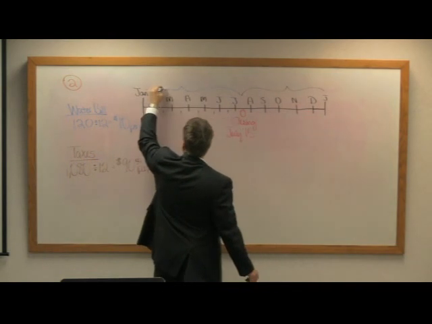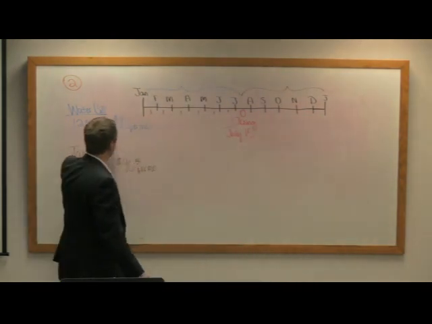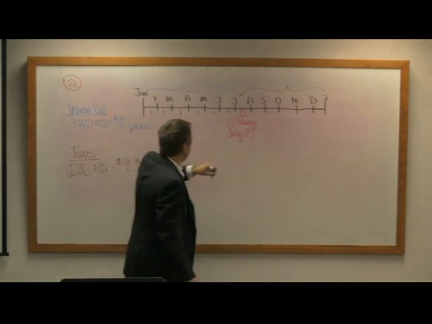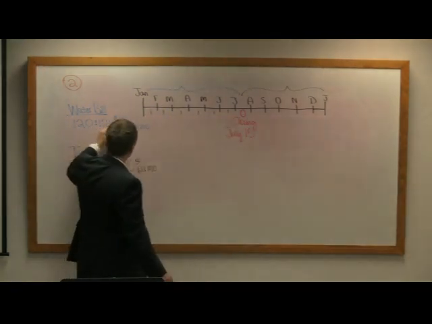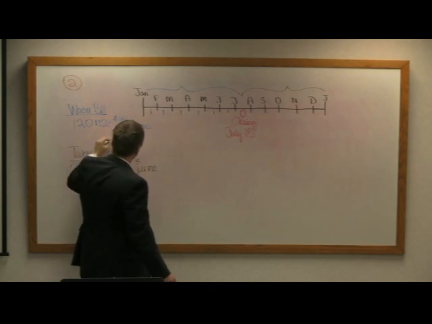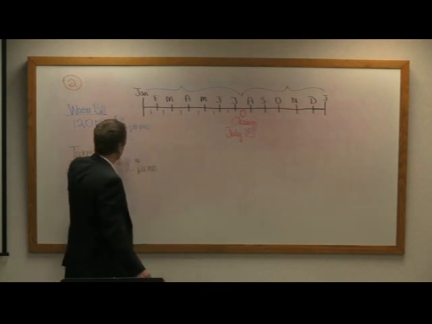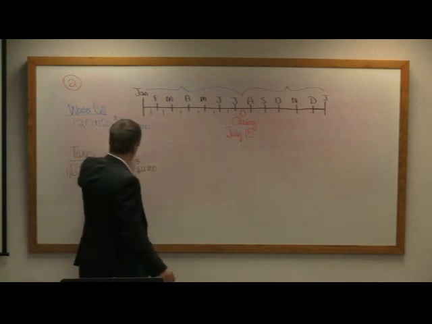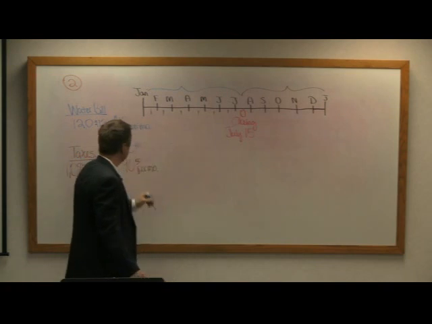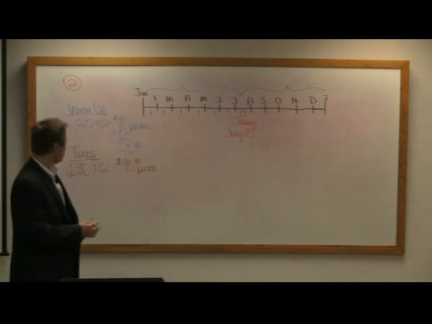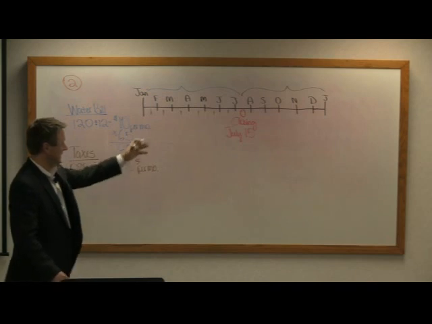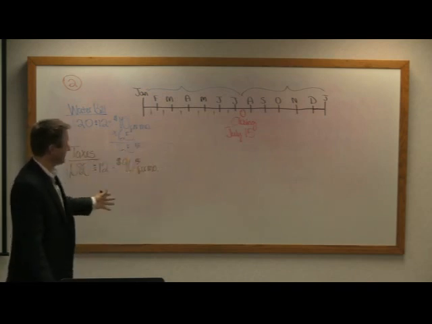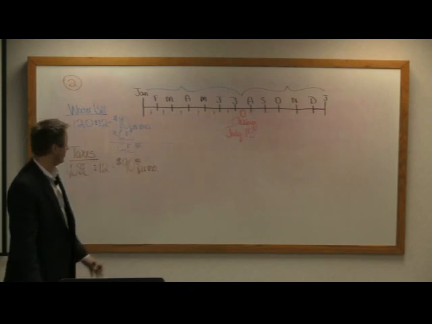So now that I got my colors straight, for my water bill, I have 1, 2, 3, 4, 5, 6.5 months. So I take 6.5 times $10 per month, and I get $65. I can count my months for my taxes, which the remaining months is 5.5.